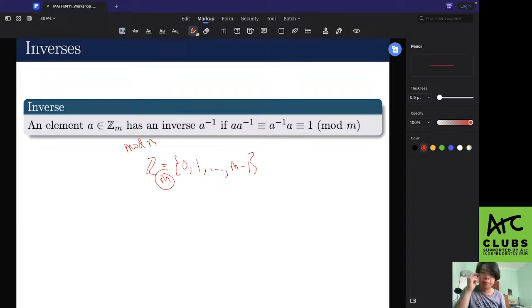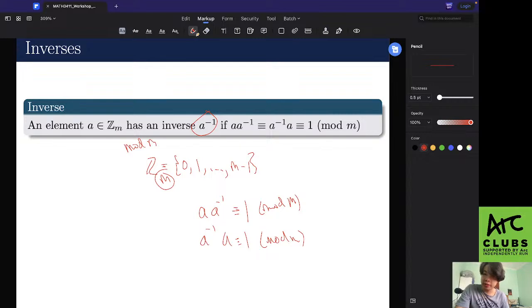So they're the numbers in the world of mod. Let's say we take a number from there. We say that a to the power of minus 1 is an inverse if, when we multiply by that number, we get 1. If we multiply that number by a, we also get 1 in mod m.